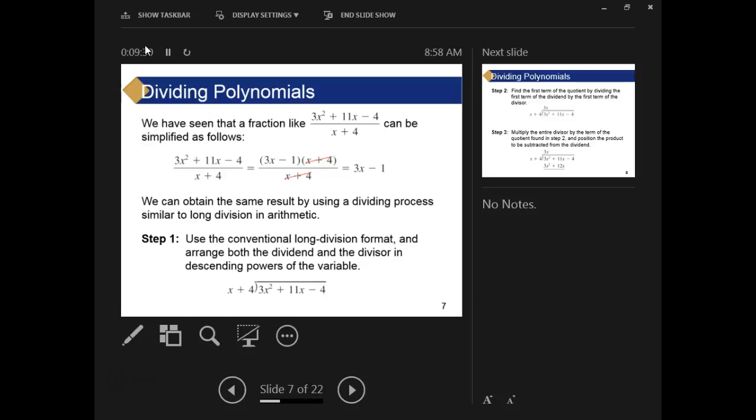Factor the numerator and see if x plus 4 is a factor. In fact, I would almost cheat with it and say, let's see if x plus 4 is a factor. If x plus 4 might be a factor here, what would have to be this other factor? It's so easy to do when everything's done for you.